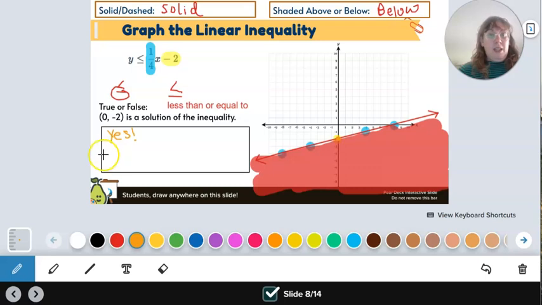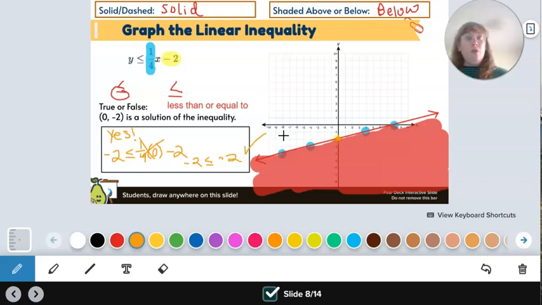If we were to plug this in, we would have -2 less than or equal to 1/4 times 0 minus 2. 1/4 times 0 cancels out, and we just have -2 less than or equal to -2, which of course is true because it is equal to it. Beautiful. When you're all set, push ahead to slide 9 and we will graph another one.